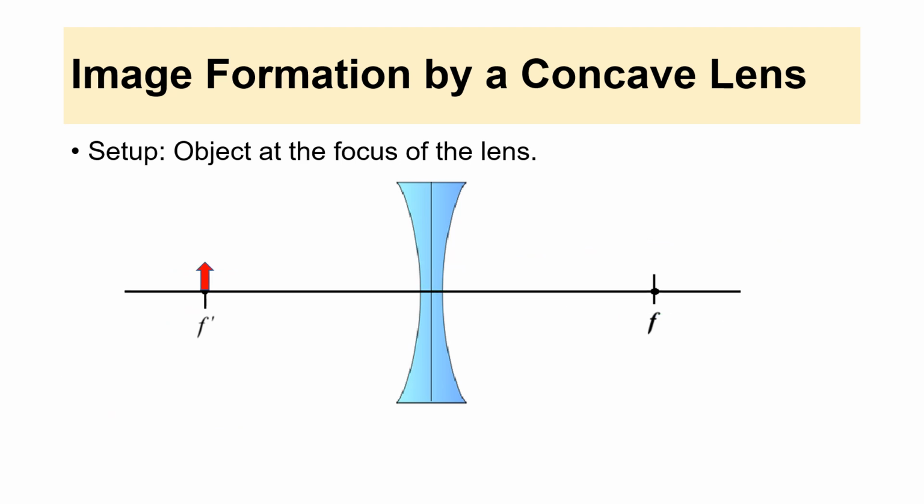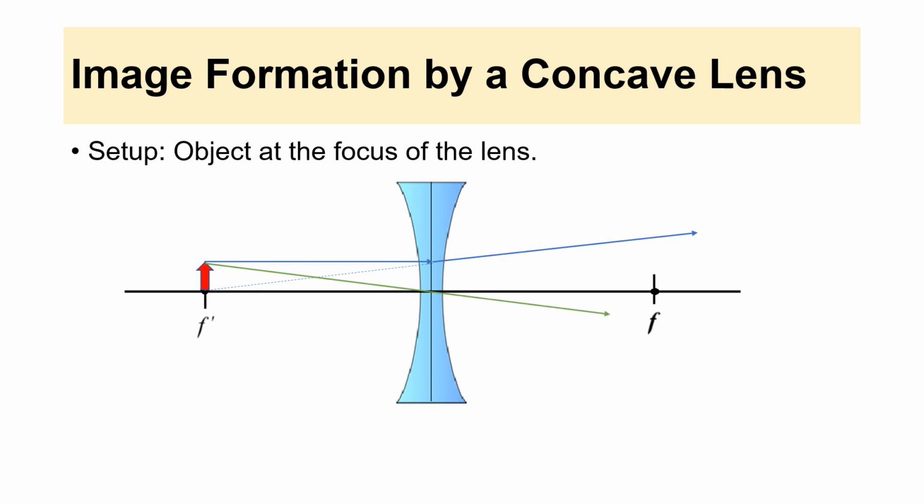Now, what if we're going to place the object at the focus of the lens? So again, first step, since this is a concave lens, we're going to draw a parallel ray. It will diverge from the focus. And then the next ray will be drawn from the tip, allow it to pass through the optical center.